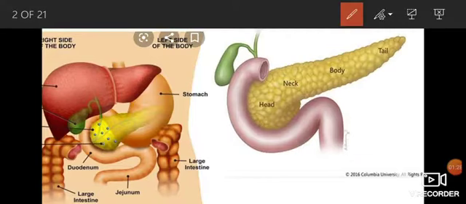Same as this, you will get the idea of how the pancreas is located. Here comes the duodenum. This is the pancreas head region. Then the body and tail are present under the stomach. That's why it is faded in color, because it is present under the stomach.